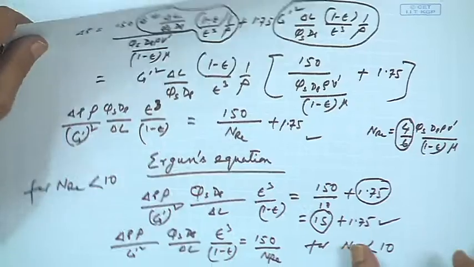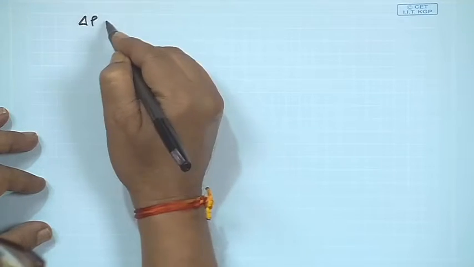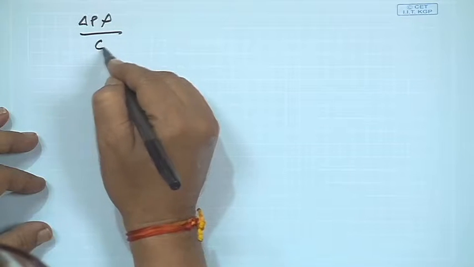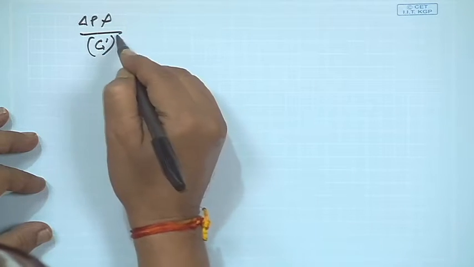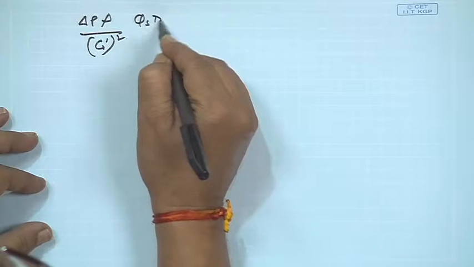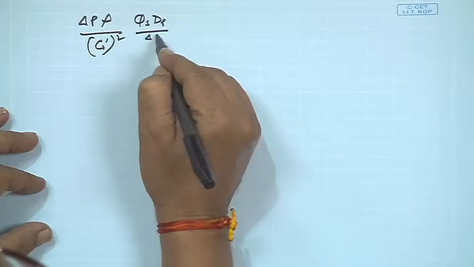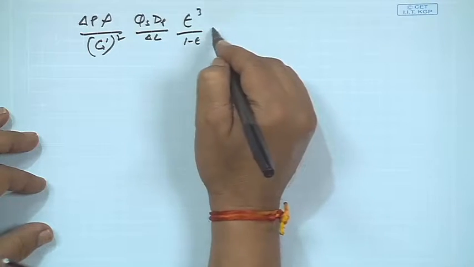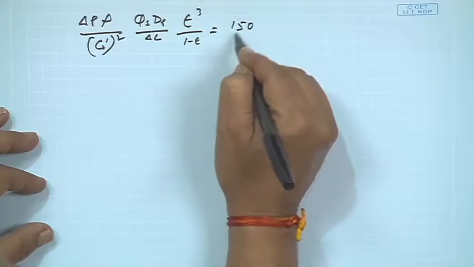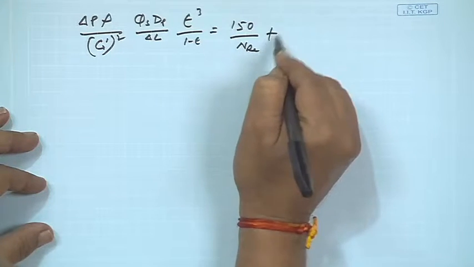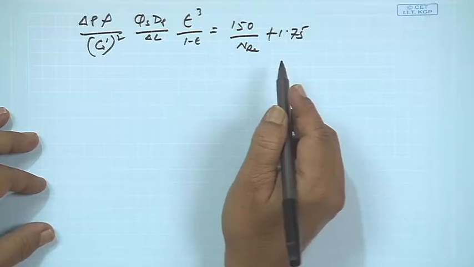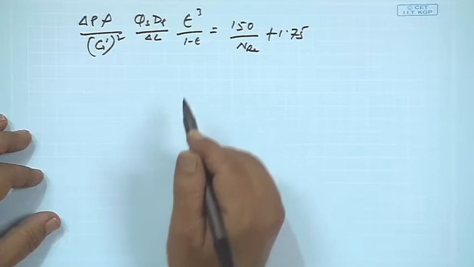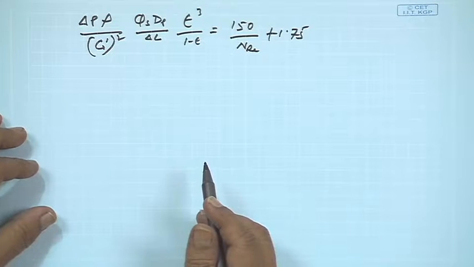Now, what about the other case? The other case is when NRE is greater than 10, our expression, Ergun's equation, was delta p rho by g prime square phi s dp by delta L epsilon cube by 1 minus epsilon, equal to 150 over NRE plus 1.75. We have already shown when NRE is less than 10 what the effect is.